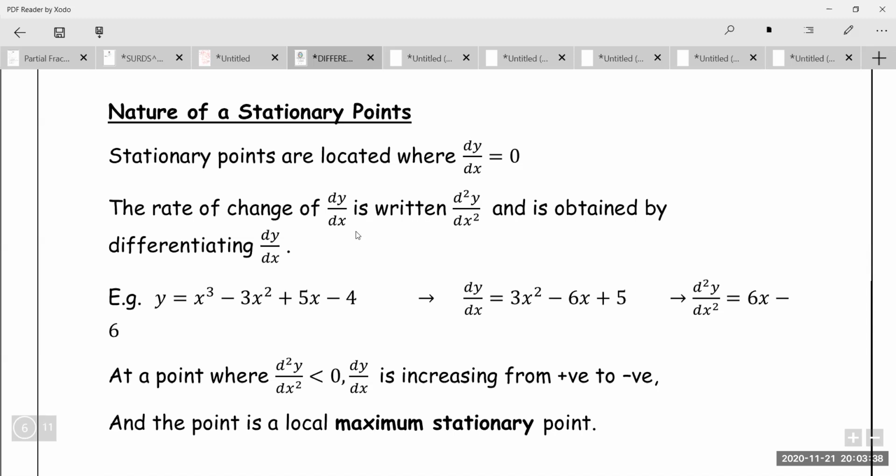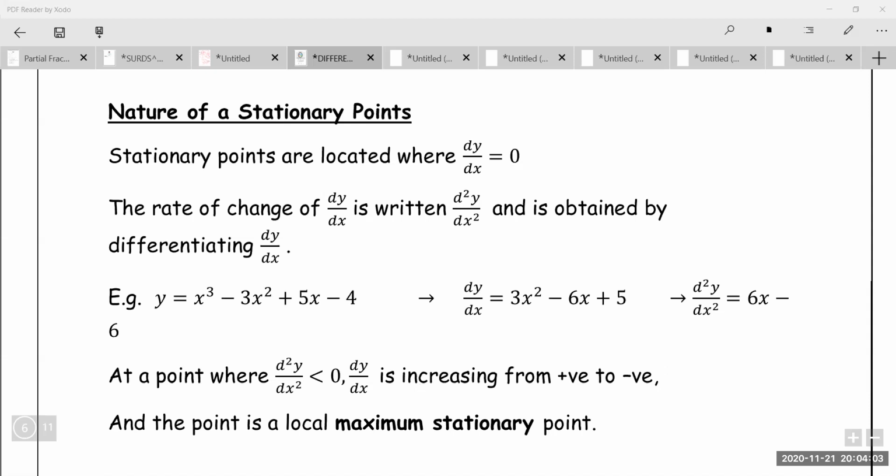So let me show you some typical questions they'll ask you. They'll ask you, given that y is equal to this, find the stationary points. But we know that at a stationary point, dy by dx equals 0. So I'm going to write down 2 examples, and we're going to do these 2 together.